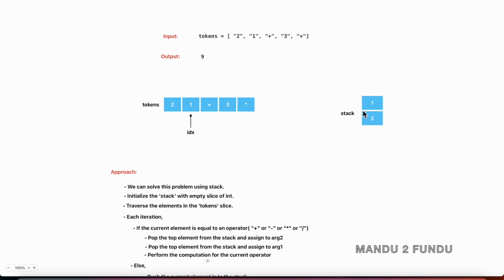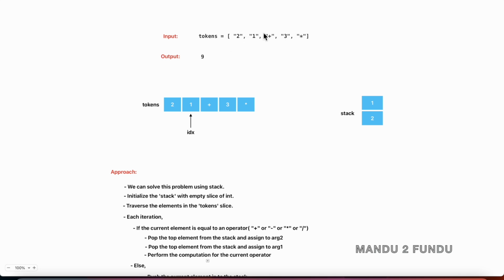The 3 will be pushed back into the stack. And then we see the number 3, then push that number into the stack. So the stack will have 3 and 3, and the moment we see the operator star, we pop the top two elements and perform the multiplication operation, and finally we get 9.